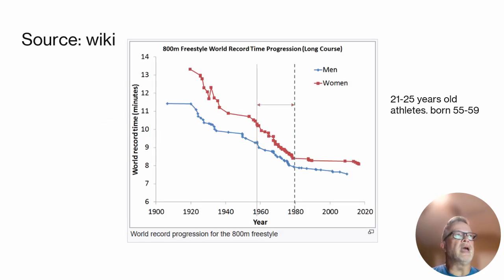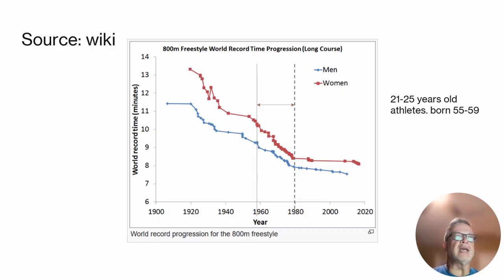So here you have swimming, 800 meters freestyle, men and women. Something interesting. So in the 80s, we see that the rapid change in world records stops, and we see almost like a plateau for men, and definitely a plateau for women, with some slight changes, but not really dramatic.